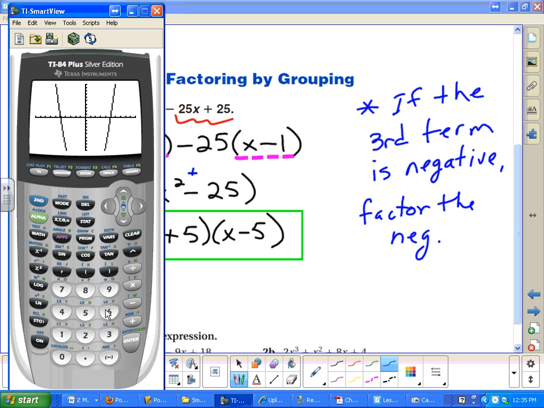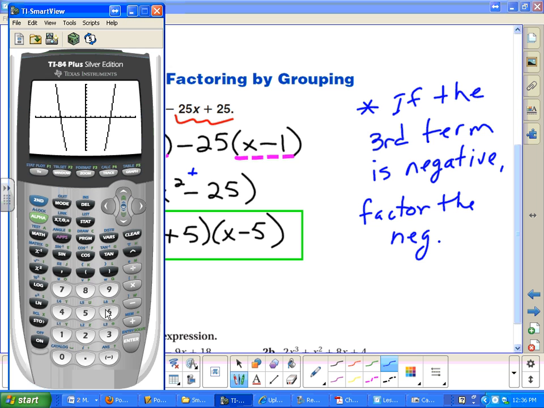Okay, now that crosses the x-axis at 5 and negative 5, right? So that tells me that I can factor it right there. If it has zeros, crosses the x-axis, I can factor it.